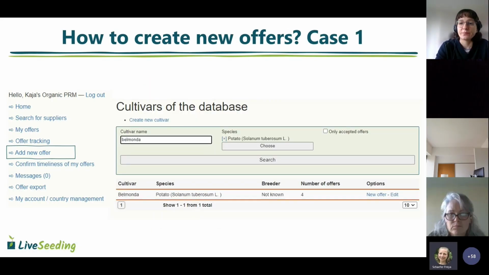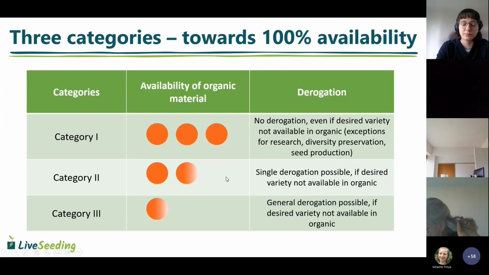Can you explain a single derogation, our category 1, 2, and 3? I think this is not clear. Okay, so this takes place in the case of organic egg seeds, in the national database, and farmers are using organic egg seeds to search the availability of organic material.